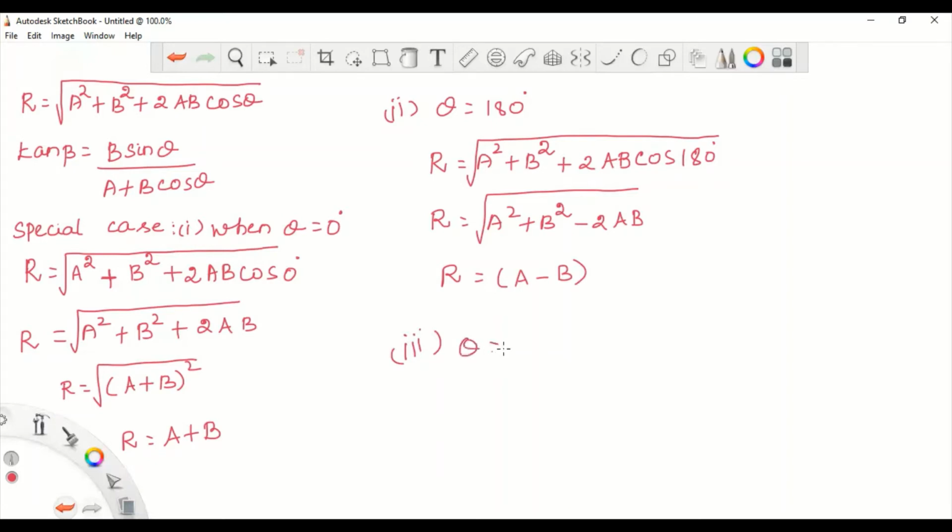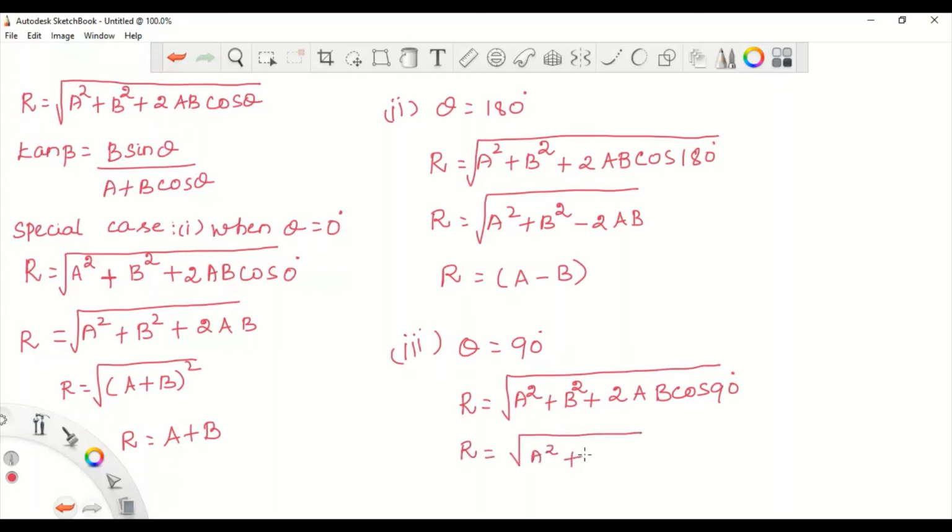The third special case is if theta is equal to 90 degree. That is when two vectors are acting at right angles to each other. Then R is equal to root of A square plus B square plus 2AB cos 90. You know that cos 90 is 0. So the magnitude of the resultant will become root of A square plus B square. And now you can find the direction.